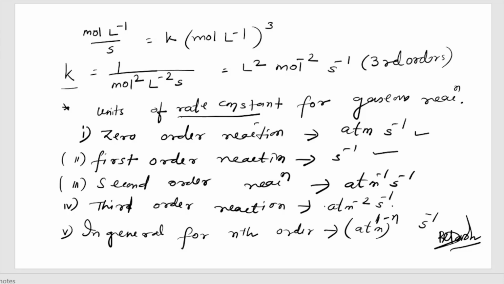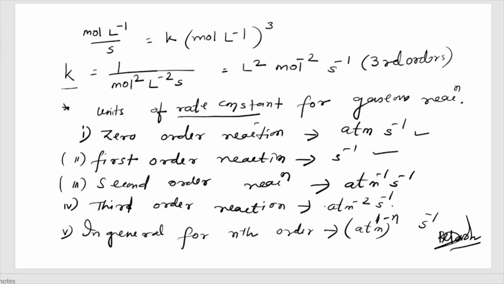So here, I hope it is clear to you. First, for gas phase reaction, here you will follow that. You will follow that polarimeter. If it is inversion of cane sugar, it is also first order. But here you will observe rotation.